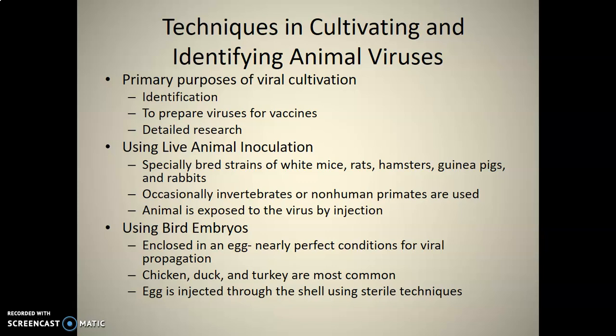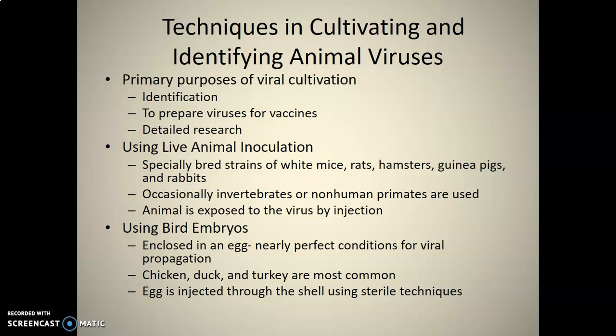So when we're growing virus in the lab, we need to do it in lots of different kinds of ways. There's different options. One, we can put it into a live animal. So again, this isn't ideal. I mean, a lot of people get kind of squeamish about this kind of thing, but it's not really ideal. People don't really want to deal with handling animals in a lab if they don't absolutely have to for medical research.